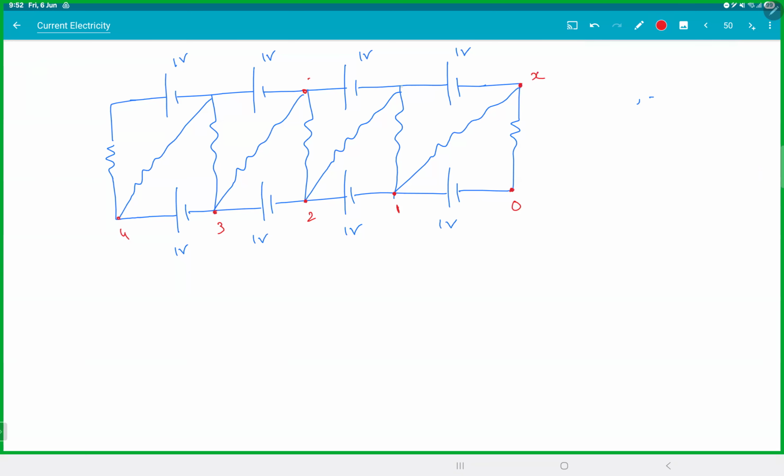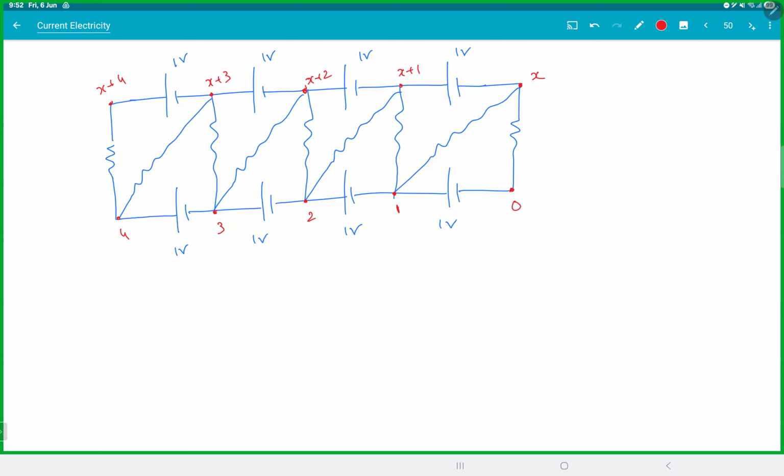If I call this x, this is x plus 1, x plus 2, x plus 3, x plus 4. Did you figure out till here? Now there are 1, 2, 3, 4, 5 nodes. I have to apply junction law 5 times.